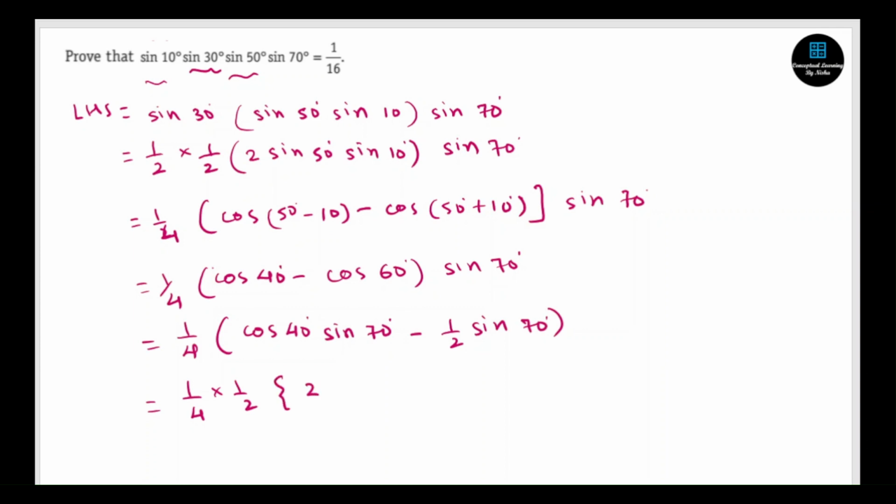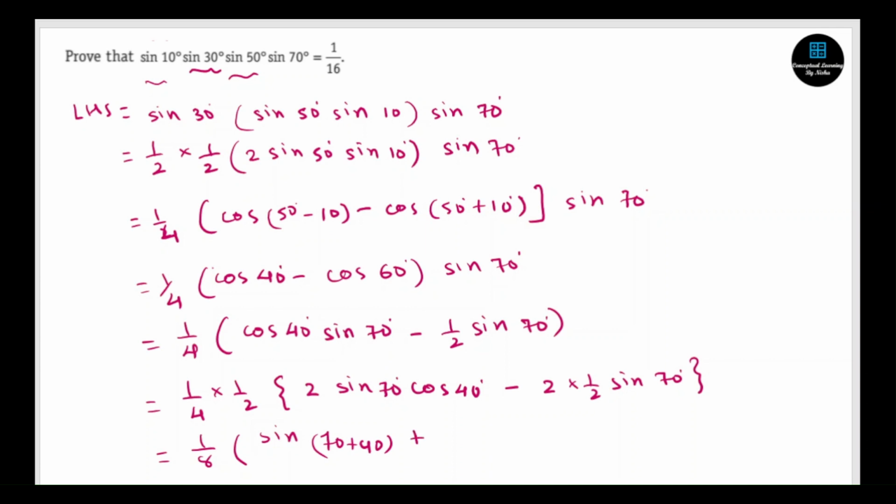So I can say 2 times sine 70 cos 40 degree minus 2 times 1/2 of sine 70, right? And then I'll get 1/8 of, now I can apply the 2 sine into cos formula. So sine plus sine. So I can say sine 70 plus 40 plus sine 70 minus 40 minus sine 70.